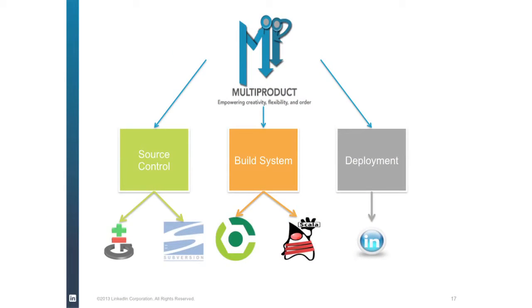So there are three main subsystems: source control, build system, and deployment. For source control, we only support Git and Subversion. That's just an organizational thing. If you want a source control system, then you need to run a server somewhere locally in your intranet.